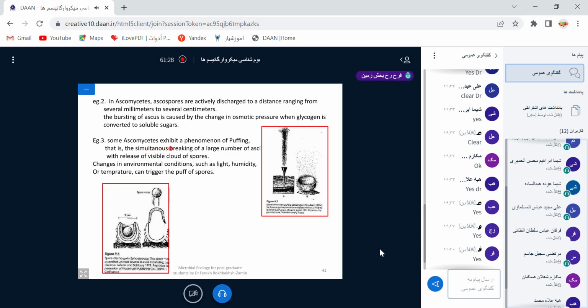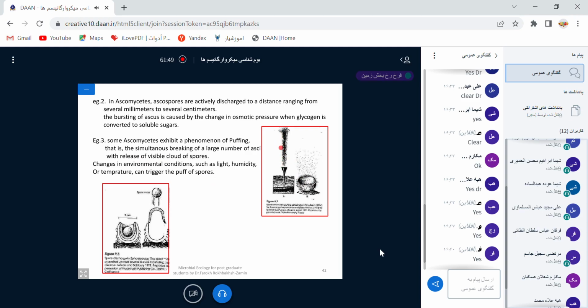Some ascomycetes exhibit the phenomenon of puffing, that is the simultaneous breaking of a large number of asci, with release of a visible cloud of spores.